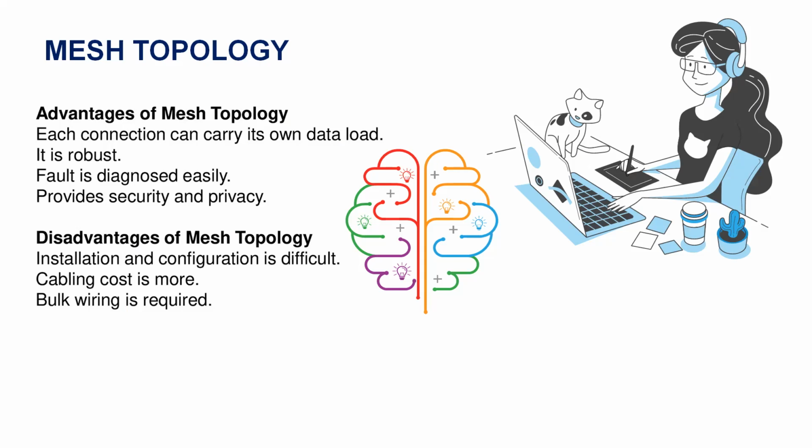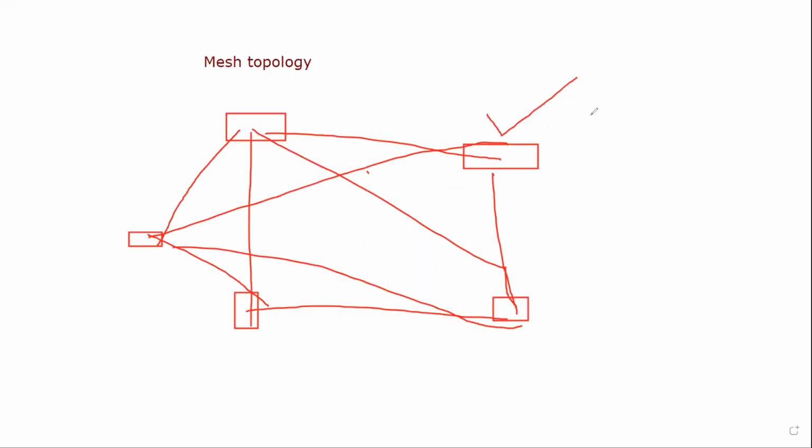But the disadvantage is that it is a very complex topology. Cabling cost is more and bulk wiring is required for this design. So that's why mesh topology is only used by internet service providers. Beyond this, we are not using it.